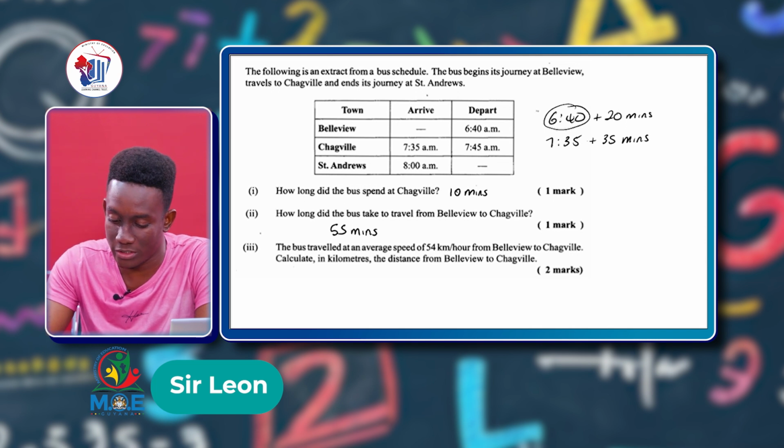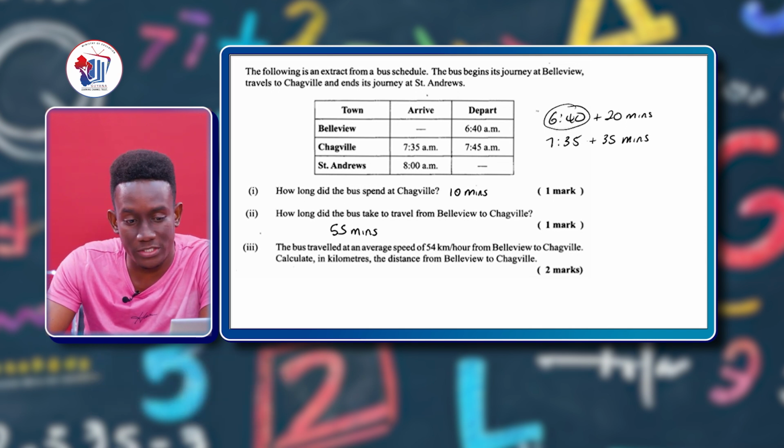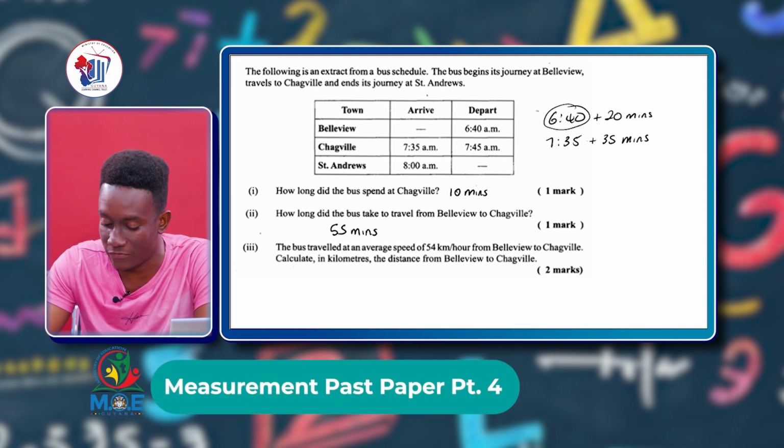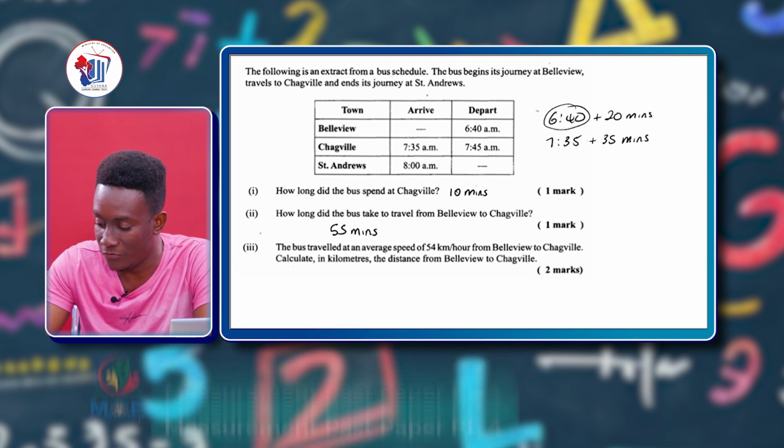And then the last question: the bus traveled at an average speed of 54 km per hour from Bellevue to Chalkville. Calculate in kilometers the distance from Bellevue to Chalkville.